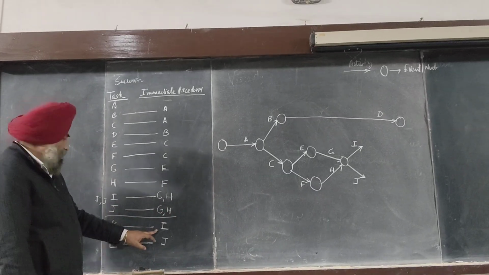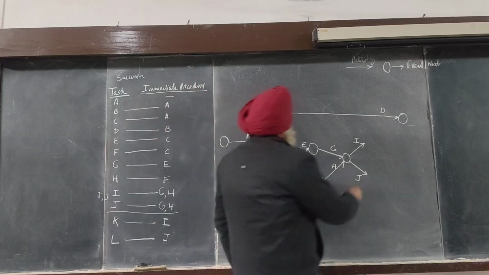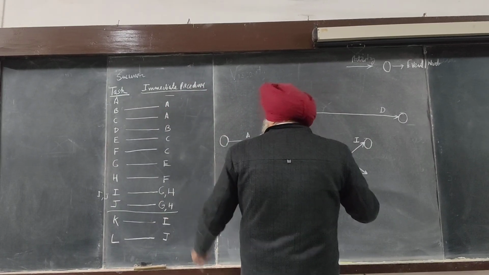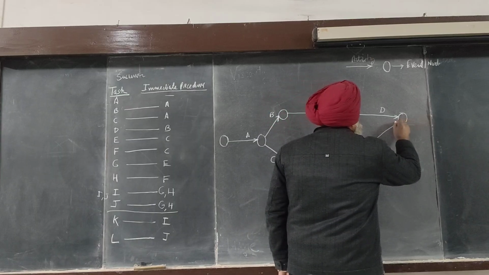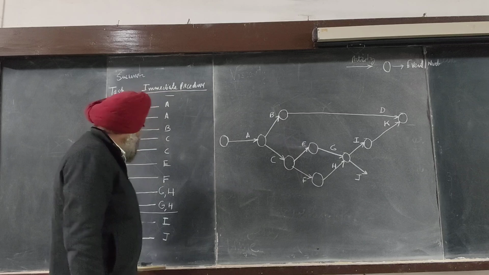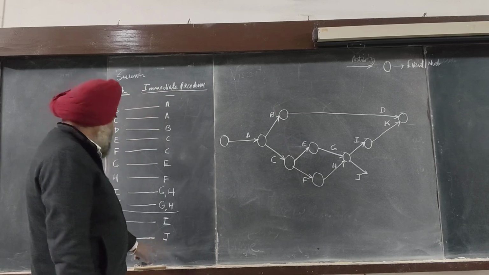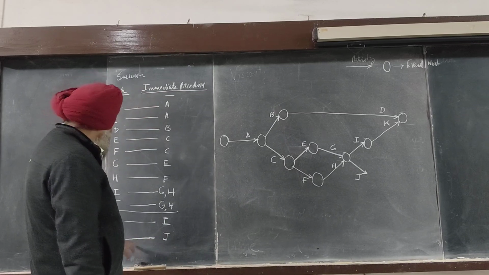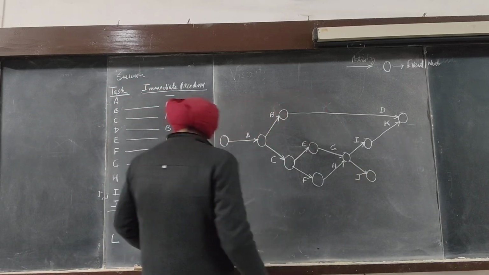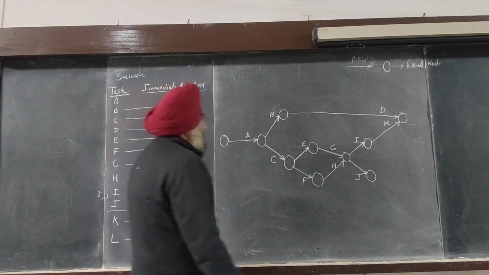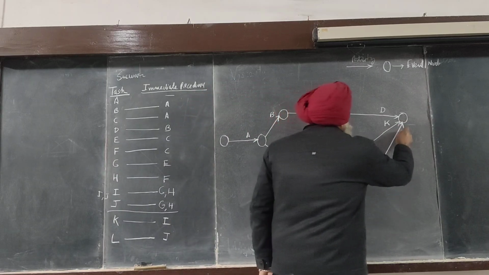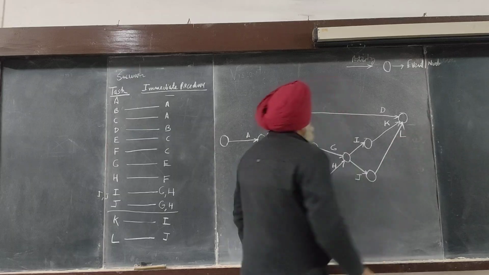From I there is another activity, basically the K activity. Similarly, this is the J activity, and from J the L is taking place. At the end of the day, this is the L activity.